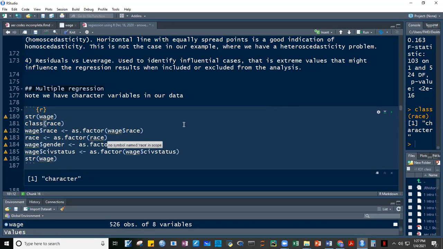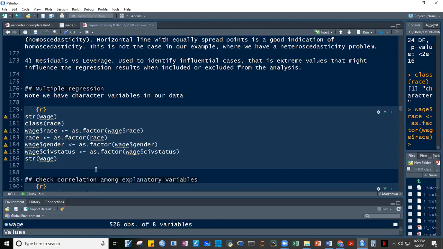Dapat factor yan. Okay? We have to convert our character variables as factors para magamit ni R as regression. Okay, so let's do this. Ang ginawa natin dito, si race na galing kay wage, guys, ginawa natin as factor siya.